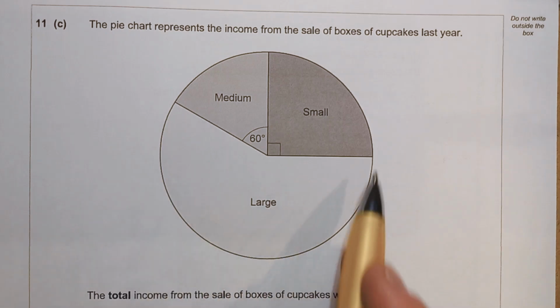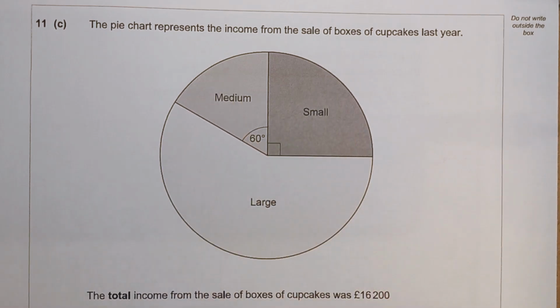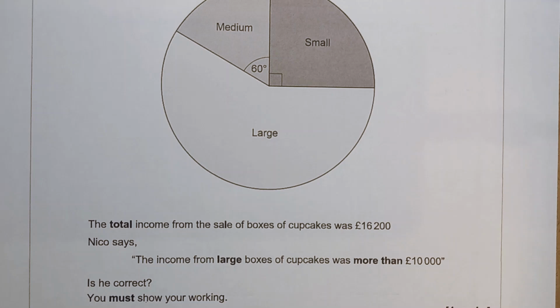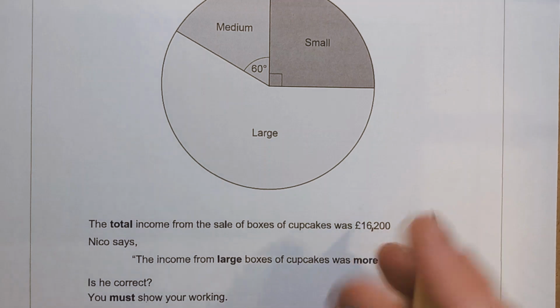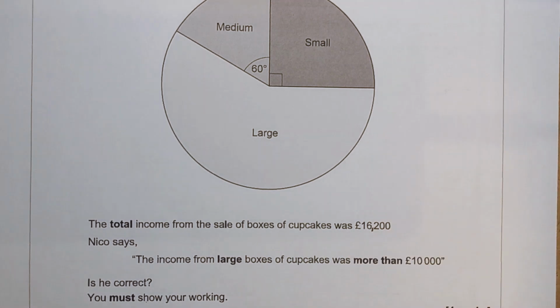But most were large, then small ones, and then medium. The total income from the sale of boxes of cupcakes was £16,200. Nico says the income from large boxes of cupcakes was more than £10,000. Is he correct? Okay, so we've got to work that out.